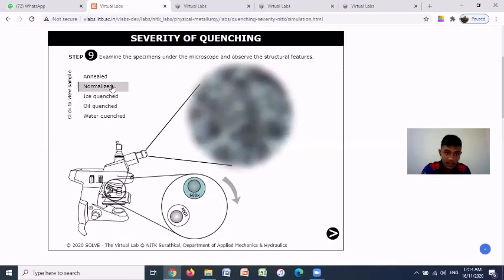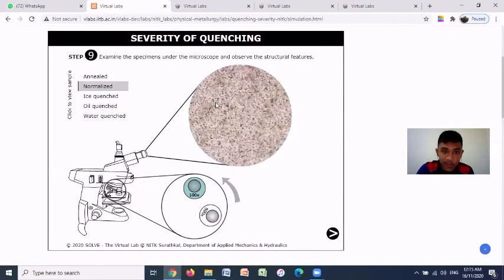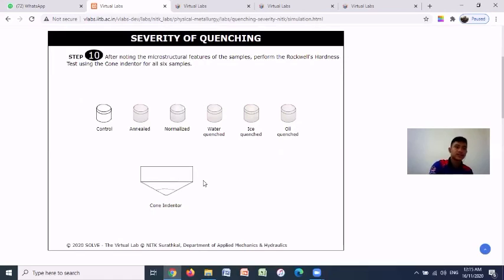Right, kalau normalize dia ke 500. Alright, kalau kita ke 100 macam beras okay. Alright, so we go to the next.